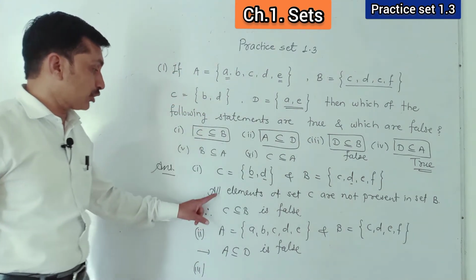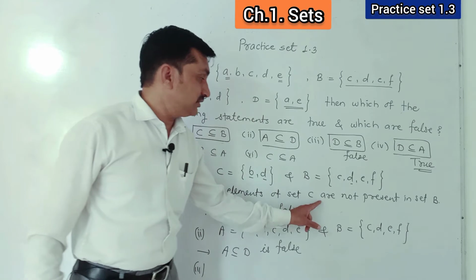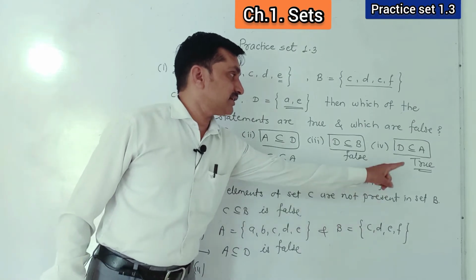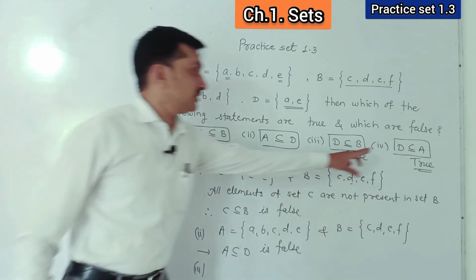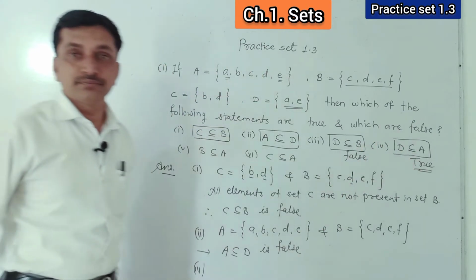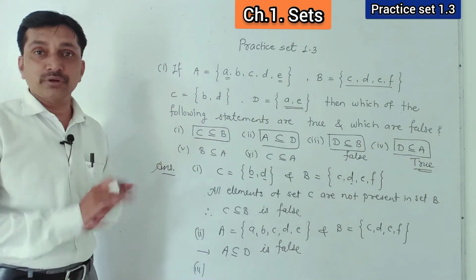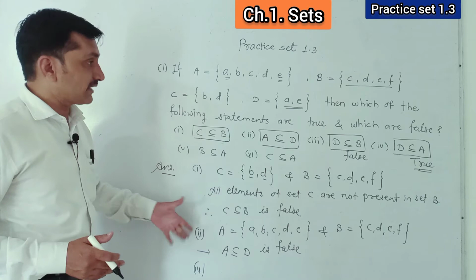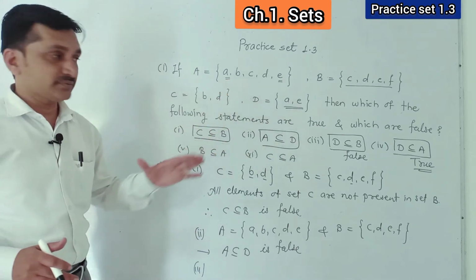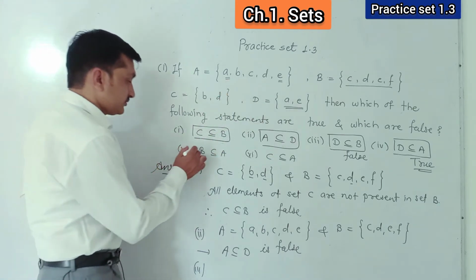With reason you write down. All elements of set D are present in set A. Therefore, D subset of A is true. Okay. In this way, with reason you write. I am explaining two, others also I am explaining, but with reason you write.